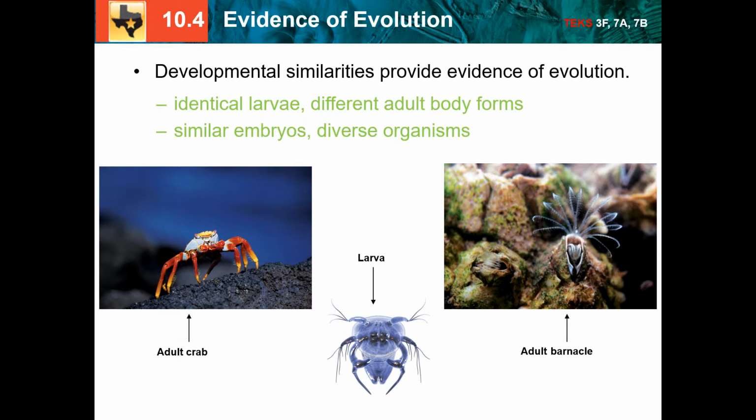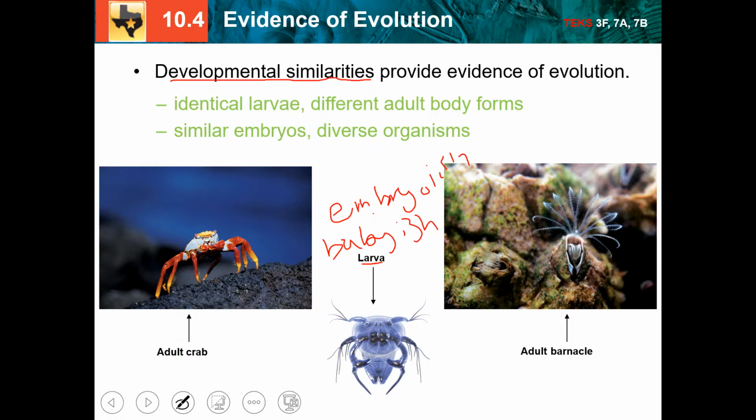Another evidence is going to be the idea of developmental similarities. So you can have one larva. Larva is like embryo-ish, baby-ish. When this embryo is first forming, for this adult crab and this adult barnacle, the larvae look nearly identical, very much the same.